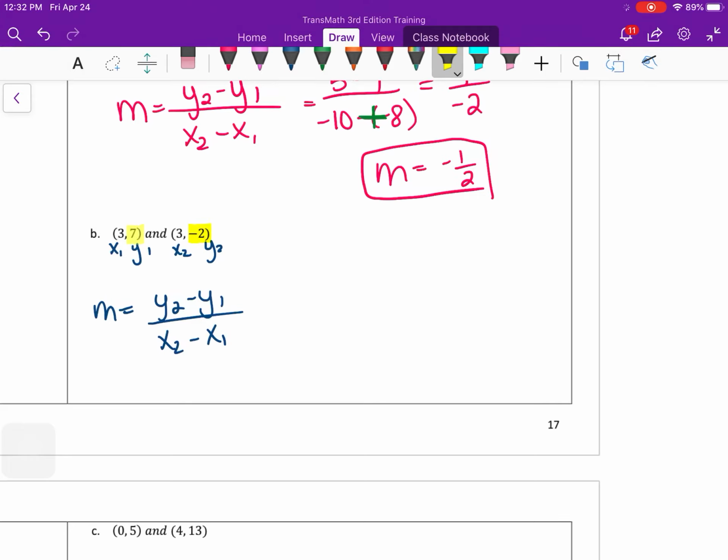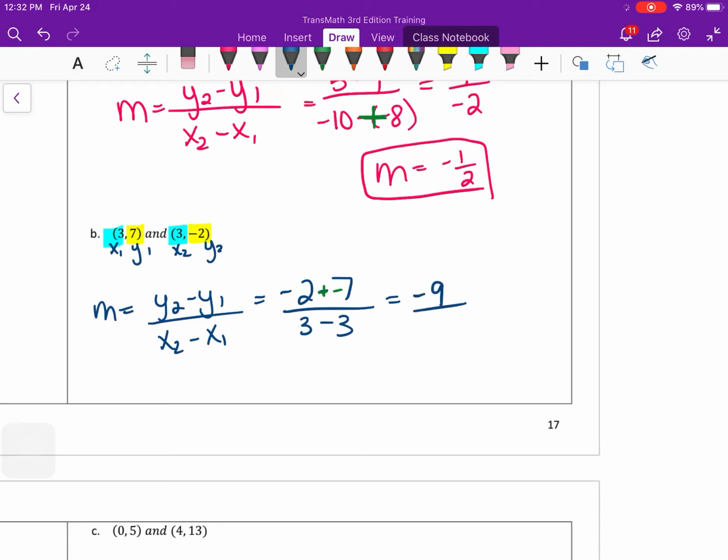So it'll be y2 minus y1, -2 minus 7, over x2 minus x1, 3 minus 3. So -2 minus 7 is the same thing as -2 plus -7.